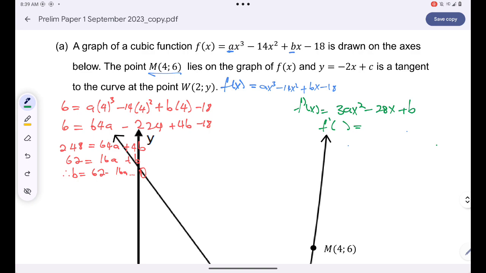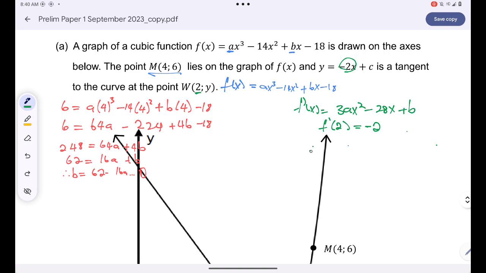So I now know that since the point of contact between the tangent and the graph is at x equal to 2, the derivative of the curve when x is equal to 2 will be equal to the gradient of a tangent.